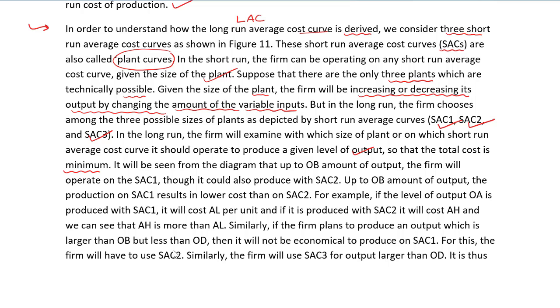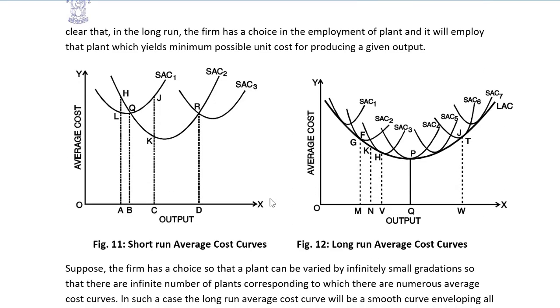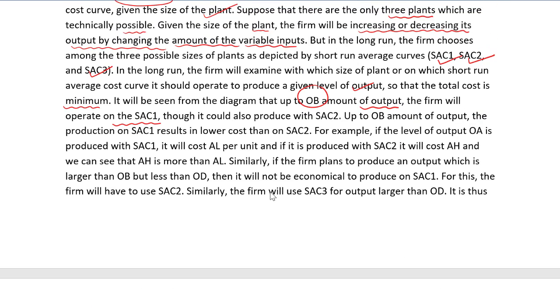It will be seen from the diagram that for OB amount of output, the firm will operate on the SAC1 curve, short run average cost curve 1, though it could also produce on SAC2 up to OB amount of output.